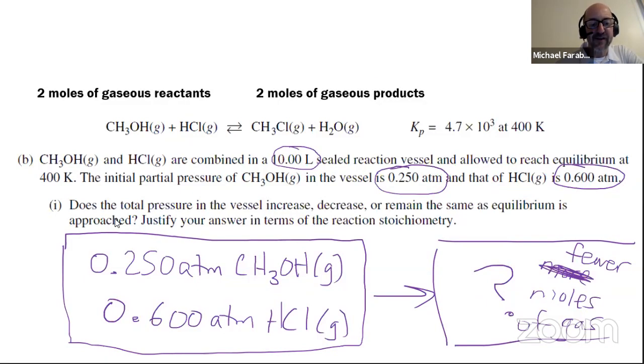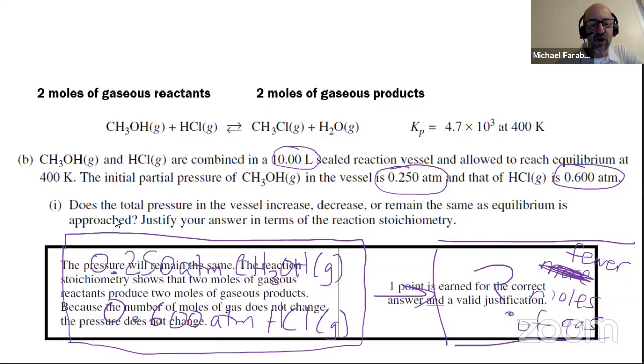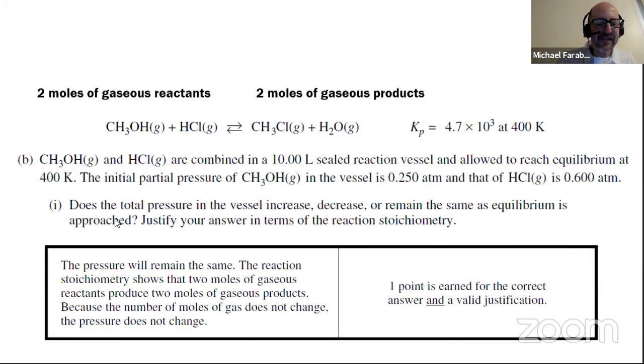So in fact, the total pressure in the vessel should remain the same. So the pressure will remain the same because the reaction stoichiometry shows that 2 moles of gaseous reactants produce 2 moles of gaseous products. So because the total number of moles of gas does not change, the pressure does not change. All right, on to the next part.